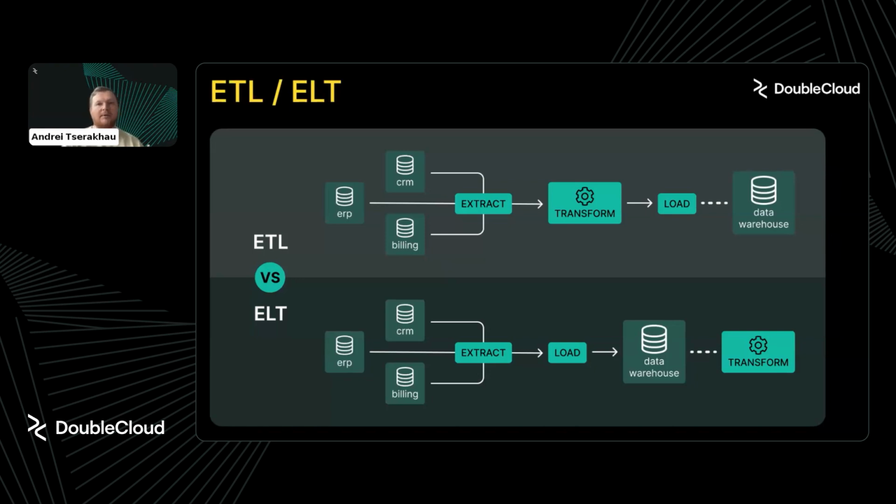ELT has some advantages in terms of ease of use. Usually it's easier to build an ELT pipeline because you have just one source of data, your warehouse, and you don't need to manage a lot of them. ETL comes with its own pros, which is flexibility, because you can do pretty much anything with the transformation. It's basically your code.